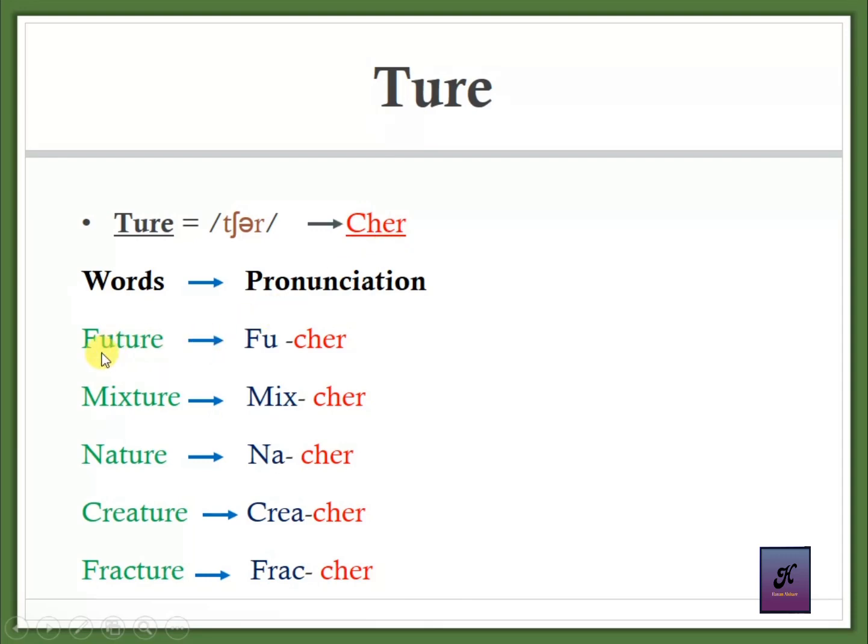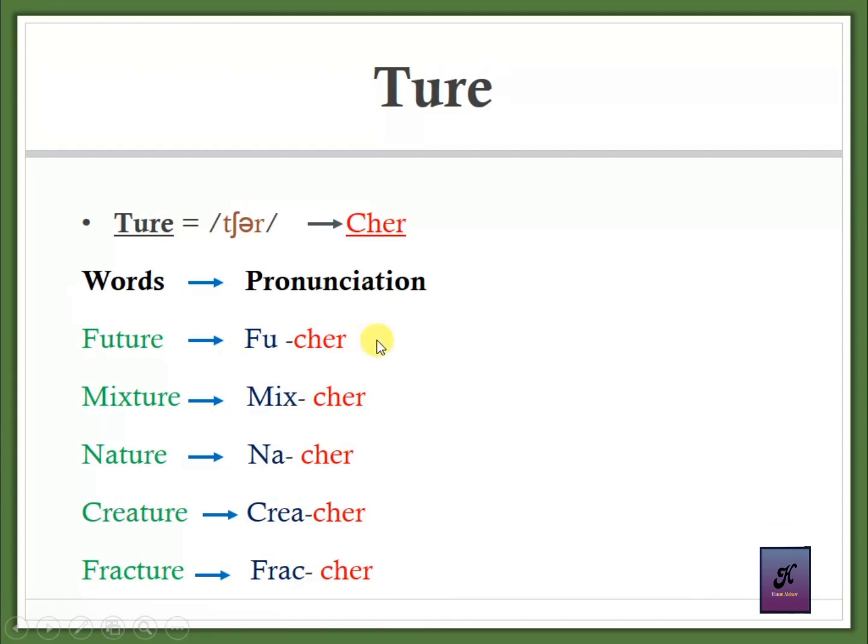For example, if I have the word future, this is the final syllable right here, T-U-R-E. It will give you the chur sound. If we want to pronounce it slowly to understand how we say the word, we divide it into two syllables: few, this is the first part, and then chur, future.